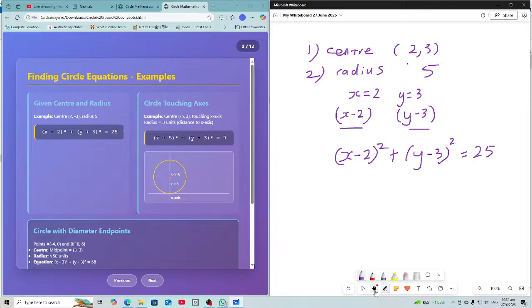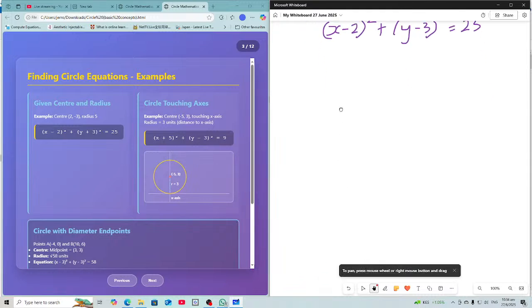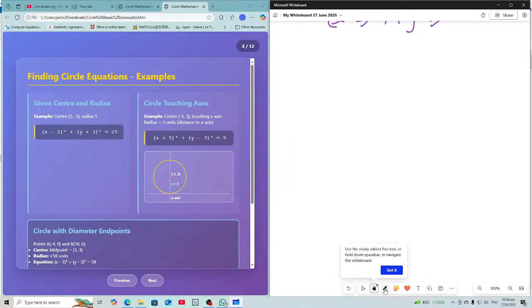Let's discuss this. Let's say you're given a center and the circle touches the x-axis. Most of the time when you have a question regarding circles, the best thing of course is to draw something out first so that you can visualize.